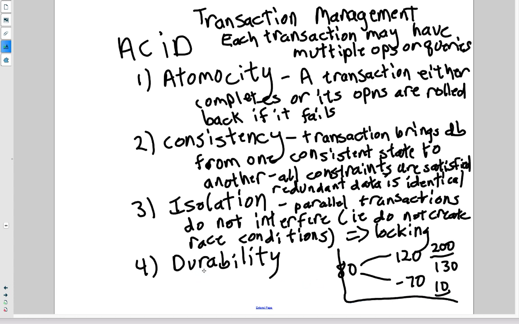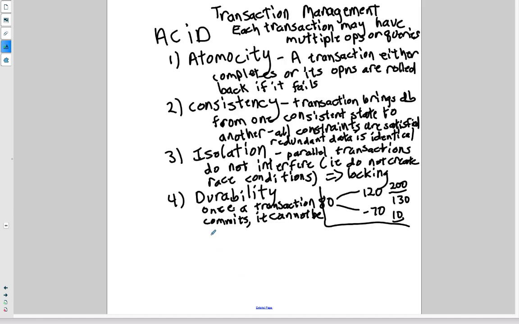Durability. Durability means that once a transaction commits, it cannot be forgotten, even if the database crashes.